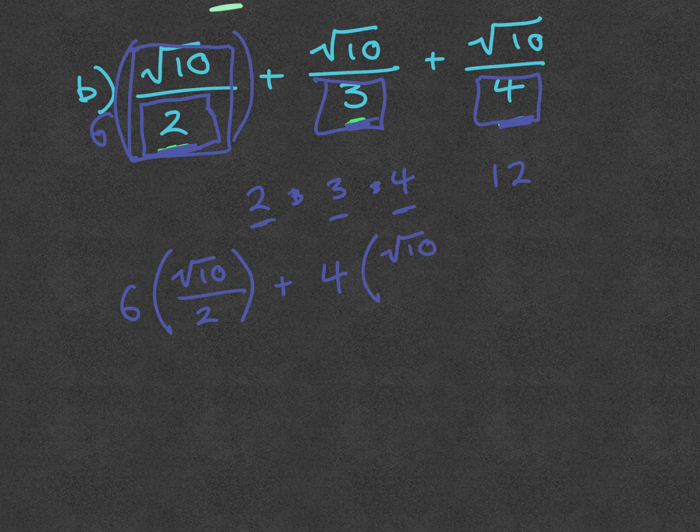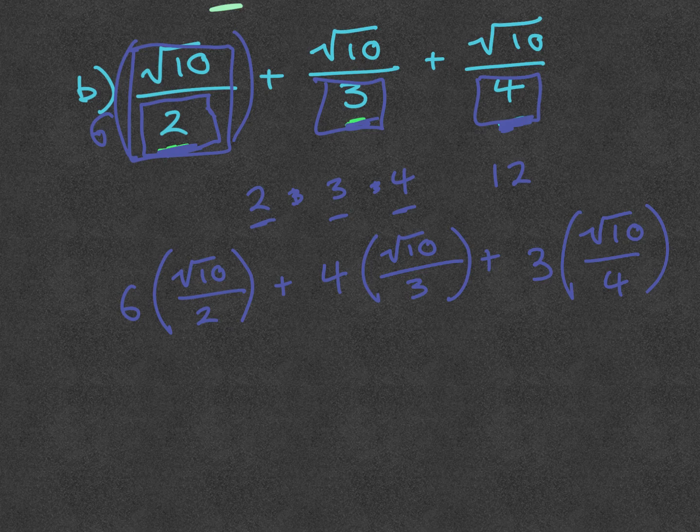Root 10 over 3. And then we're going to add 3 times root 10 on 4. Because we need to multiply 4 in this final fraction by 3 to get it to 12.